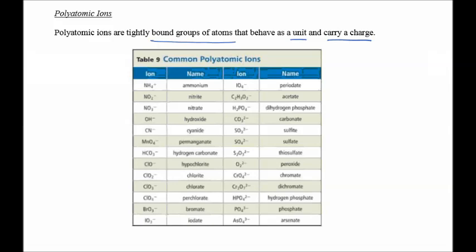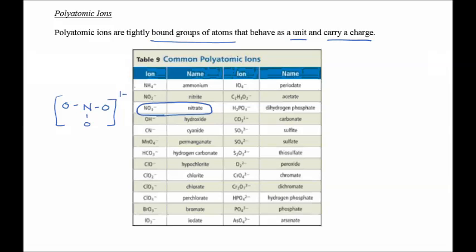So here's the table from our textbook. We see the nitrate ion, and the nitrate ion has a formula of NO3 negative. So we have a nitrogen surrounded by 3 oxygen atoms, yet the whole thing has a charge of -1.